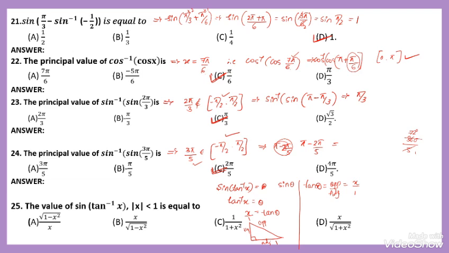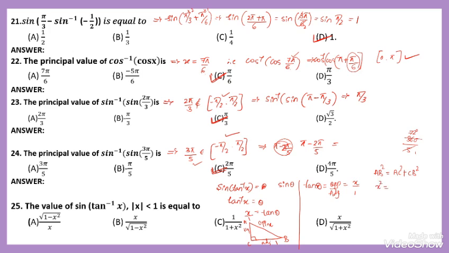You will get the hypotenuse by using the Pythagorean theorem. Take the triangle A, B, C. Here the hypotenuse we don't know, and the opposite will be x. According to the Pythagorean theorem, AB square is equal to AC square plus CB square. AB square, you already know, is x square.